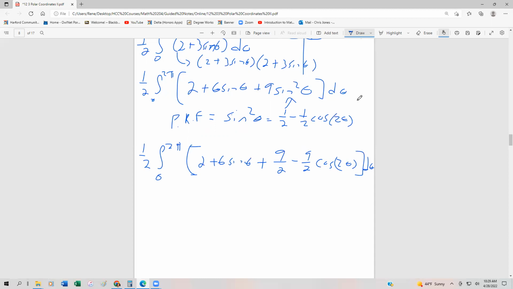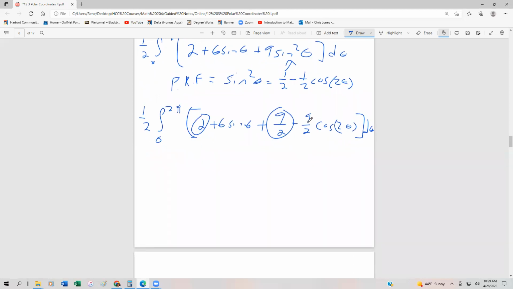Of course, we could combine the 9/2 with the 2, and then also distribute the 1/2 to everything. We know that 9/2 and 2 is going to be 13/2, and then we distribute the 1/2 to everything.